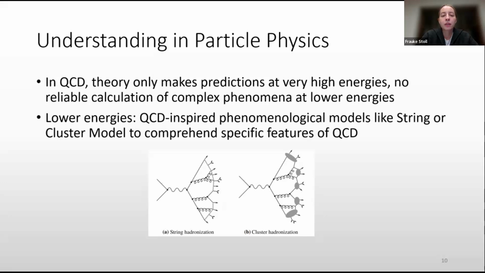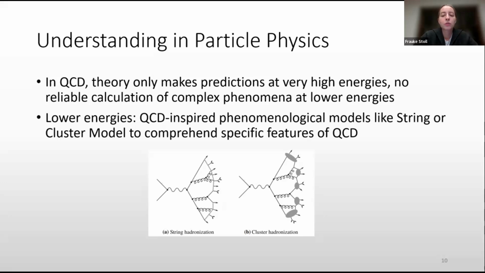So for example, one thing that happens at lower energies is that particles come together and hadronize, so form multi-quark particles. And this is what the string model is trying to visualize, because it visualizes the formation of hadrons at low energies, and is the visualization of the color field between a quark and an antiquark as collapsed into a flux tube that, somewhat like a rubber band, absorbs the increasing energy until it tears.